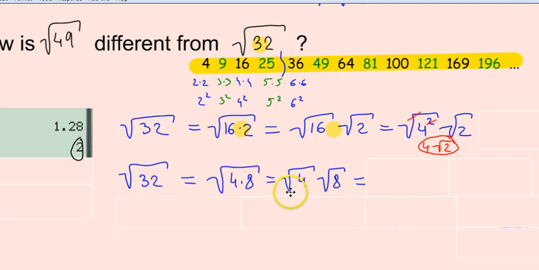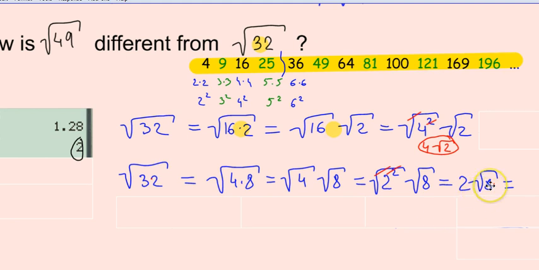We now simply can see that square root of 4 could be written as square root of 2 to the second power. We will now cancel the square root and second power of 2, which will leave us with 2 square root of 8. If you stopped right here, then your answer is not complete. Why is that?